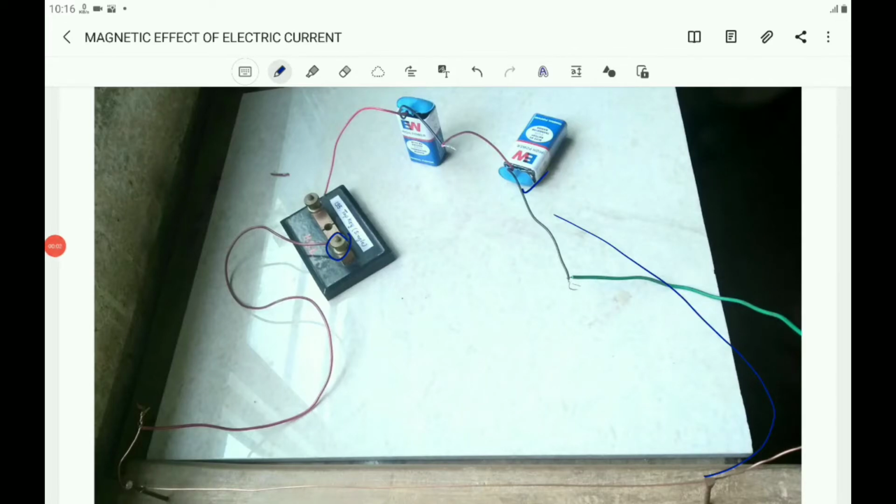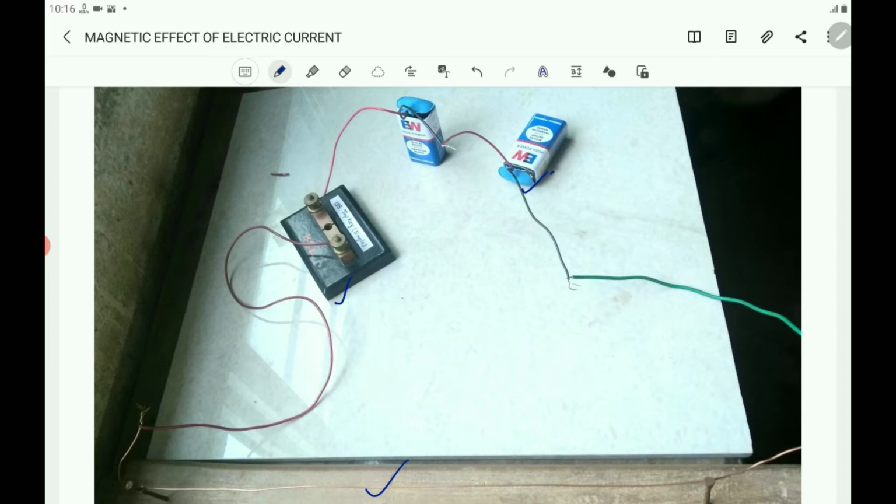Children, observe the circuit here. Here is a straight conductor, that is a copper wire, and the ends of the copper wire are connected to the positive and negative ends of the battery through the plug key. One end of the wire is connected to one end of the plug key and the other end is connected to the positive or negative end of the battery.